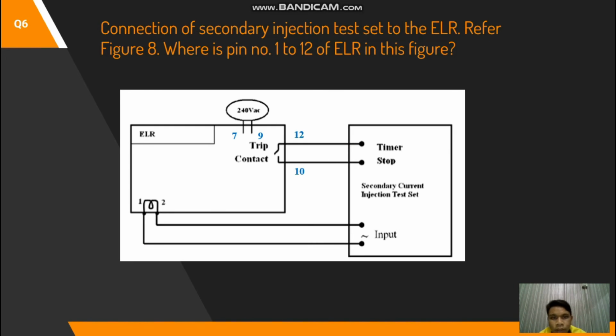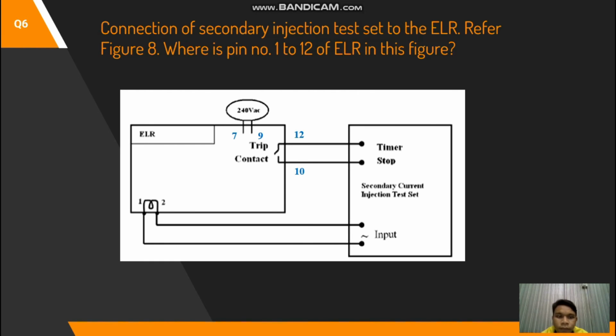Next, for question 6, basically it is to label the pin number 1 to 12 of ELR that connect with the SCITS test set. So pin number 1 and 2 are connected with the zero current transformer, but the difference is pin number 1 indicates S100 and pin number 2 indicates S200.